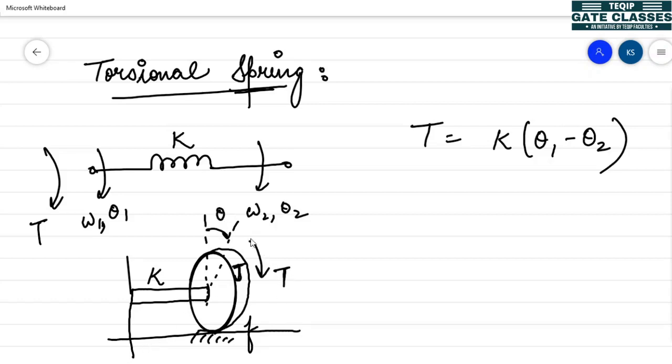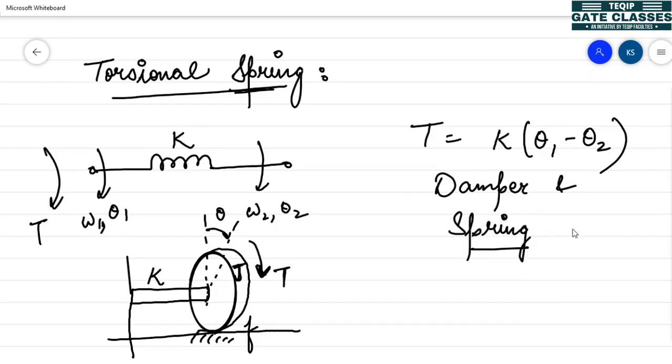So we can observe that torque is acting in clockwise direction, whereas, just as in the case of translational system, due to damper and spring, torque always exists opposite to the direction of displacement, just the same as in mechanical translational system.